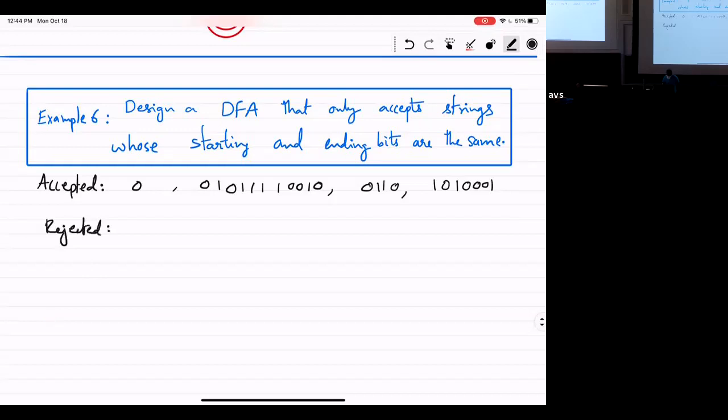Rejected would be anything where the start and the end are different. So that's the specification of the function that we are trying to compute. And the question is, how can I design a DFA to do this?